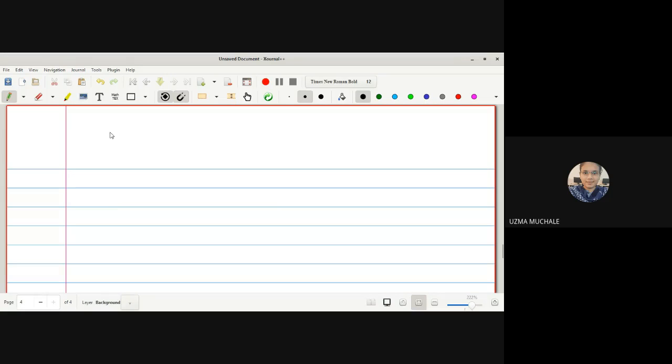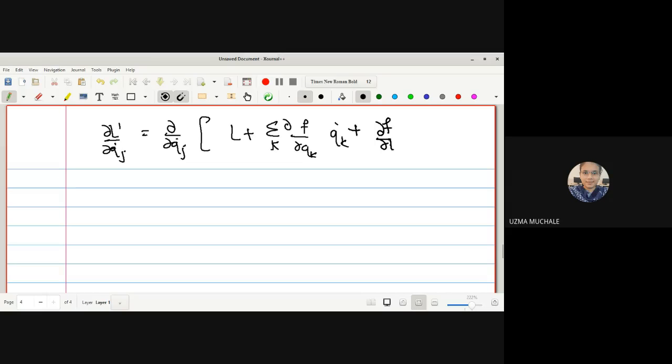What you have to find out now? You have to find out L dash with respect to qj dot, which equals dou by dou qj dot of, what is the term of L? L plus summation over k dou f by dou qk into qk dot plus dou f by dou t.